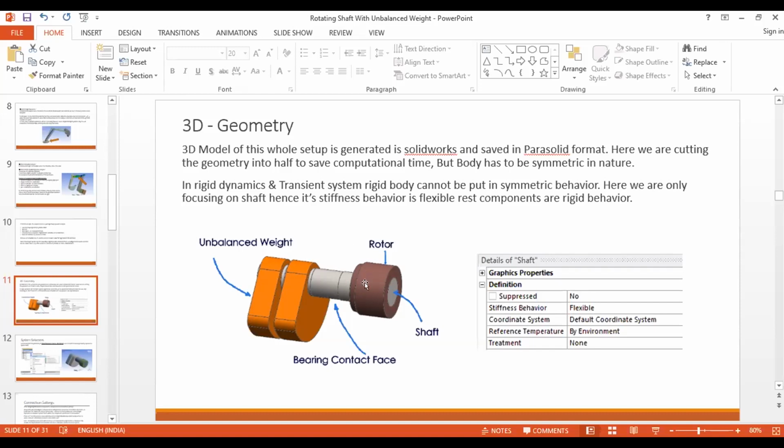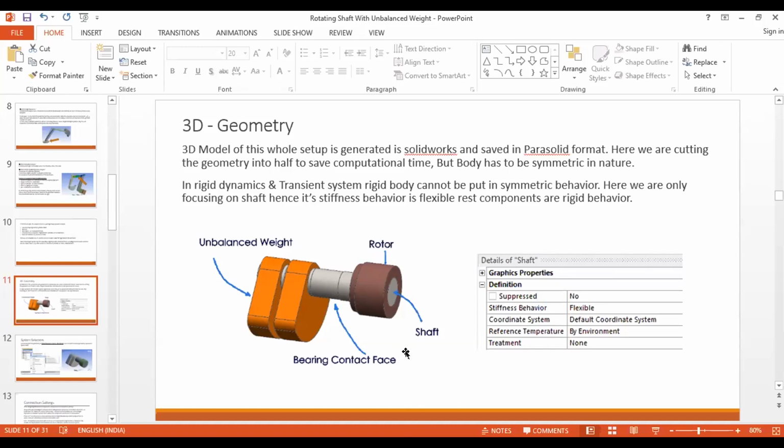I'm only interested in the shaft part. The shaft stiffness behavior is set to flexible, and the rest of the components are rigid. In this window, you can see stiffness behavior is flexible only for the shaft, but the rest of the parts are rigid. These are the unbalanced weights, bearing, contact phase, rotor and shaft.